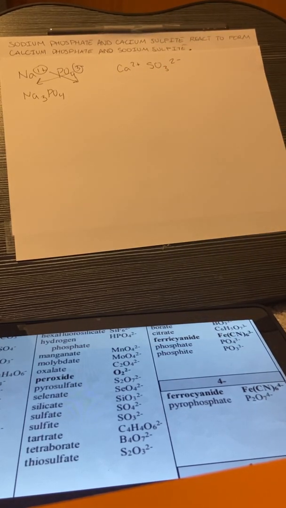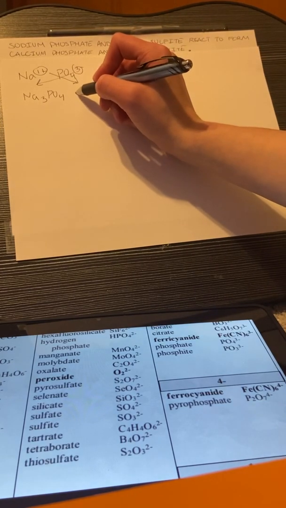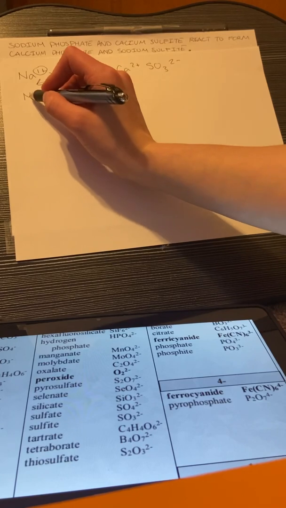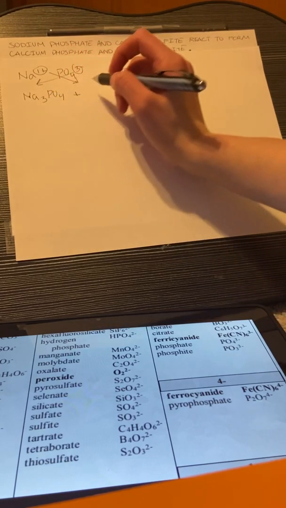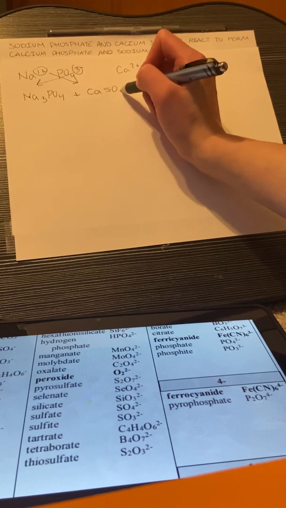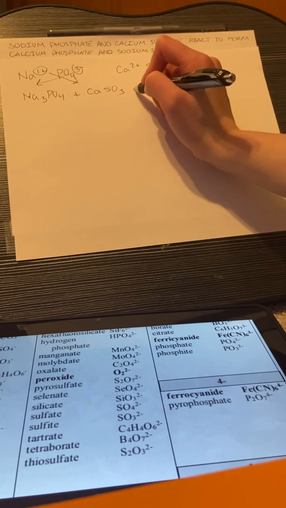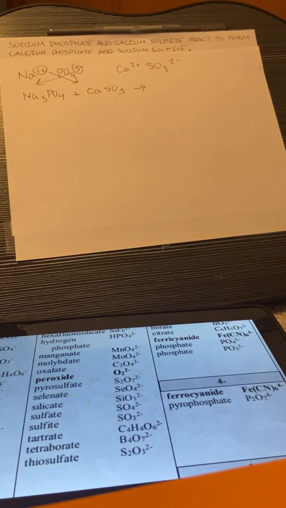So your reactants for the equation are going to be Na3PO4 plus CaSO3, since these just cancel out. Then the next part that you have to do is the products.